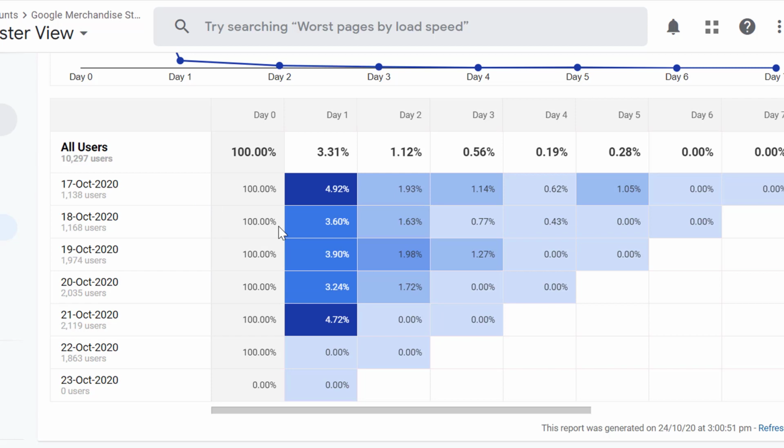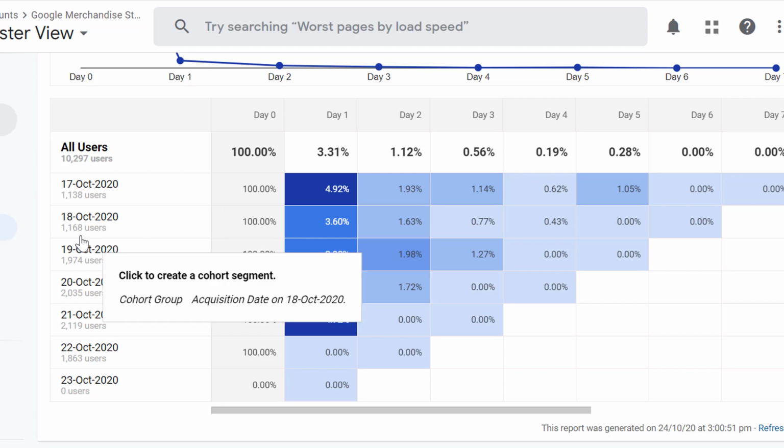Again, the users which were actually there on 18th of October were 1168 users, but whatever be the number, we are calling it 100%, because that is the entire data we are taking into consideration.